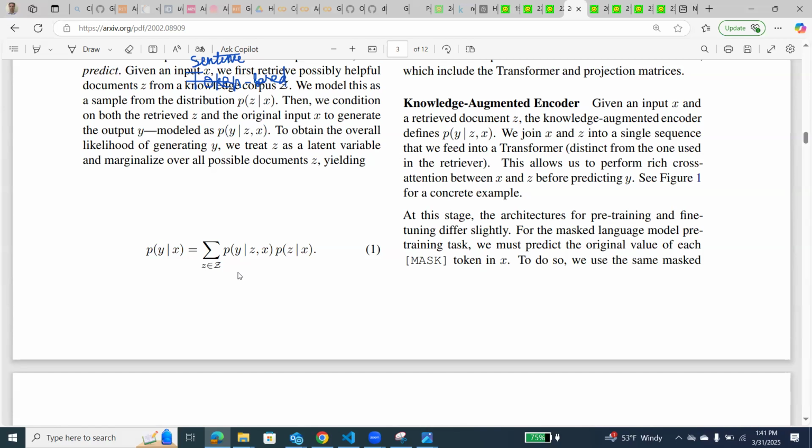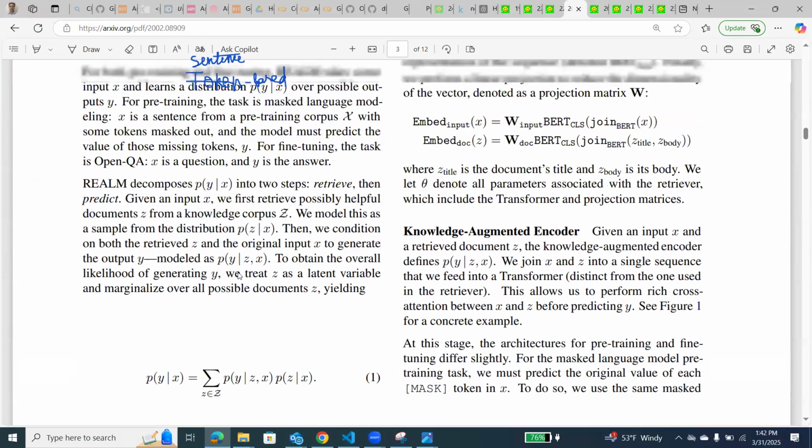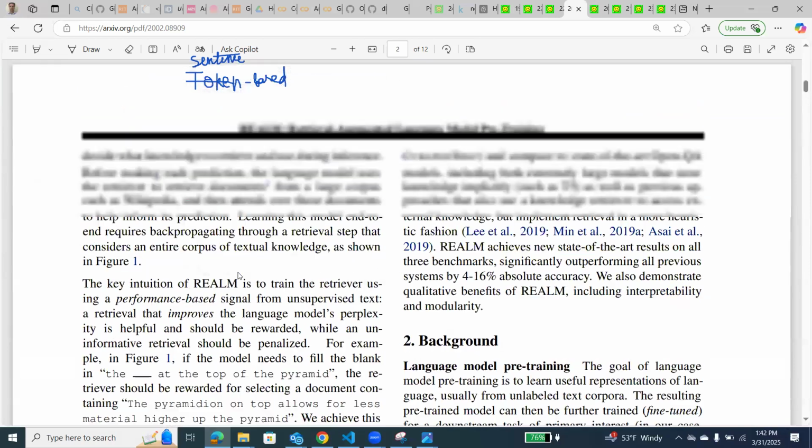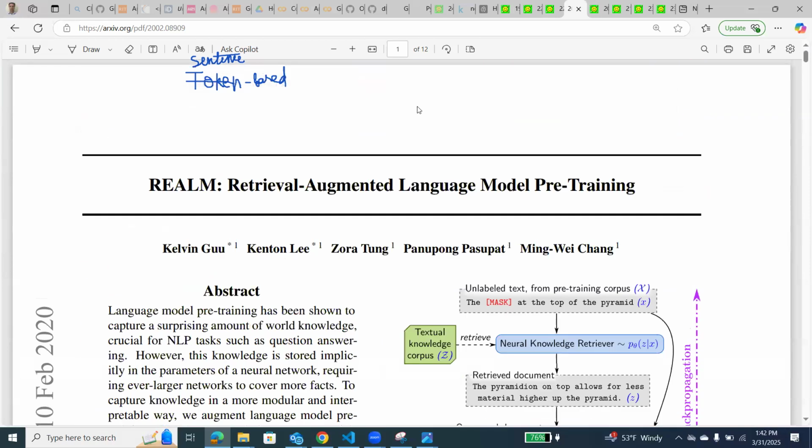And then you can train. So this is your model that generates text. This is your model that generates embeddings. You can train 2 models at the same time. So this is the idea of this paper, REALM.